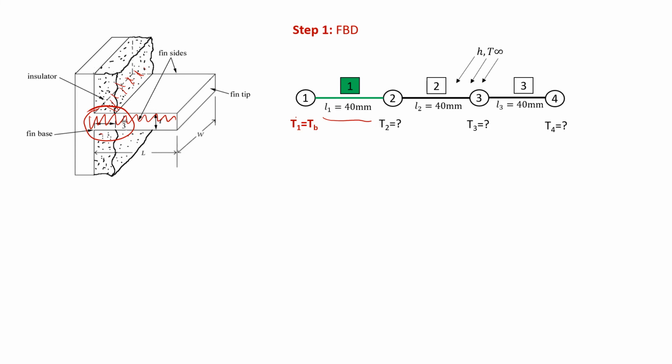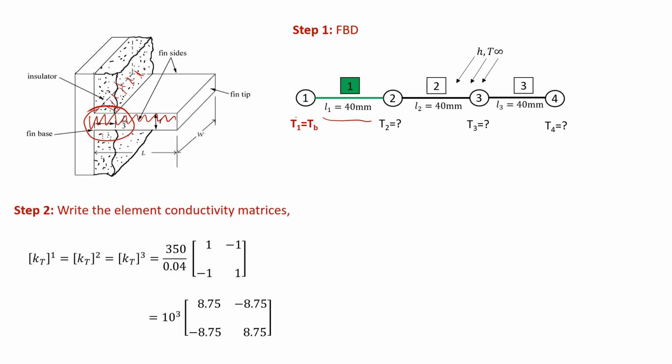Okay, next, the boundary condition. As usual, we assume T1 is equal to TB. Therefore, we have 3 unknown degrees of freedom. The next step is to determine the element conductivity matrix for each element.